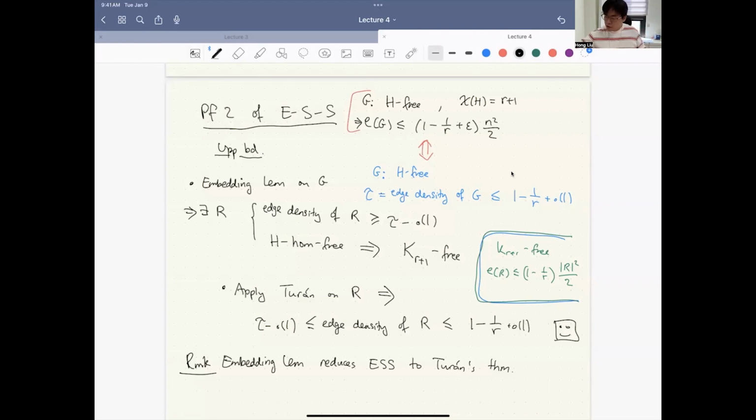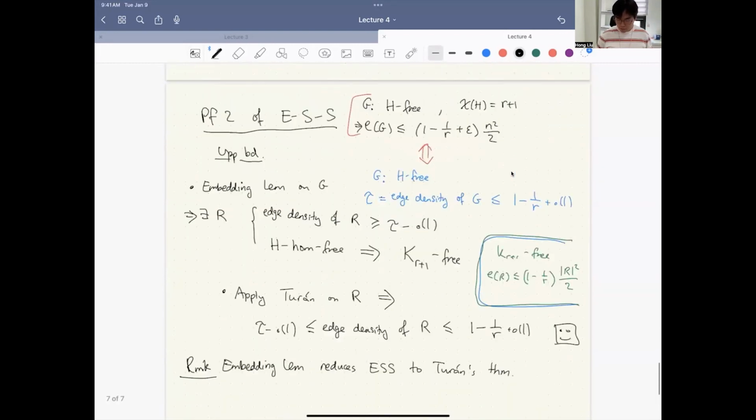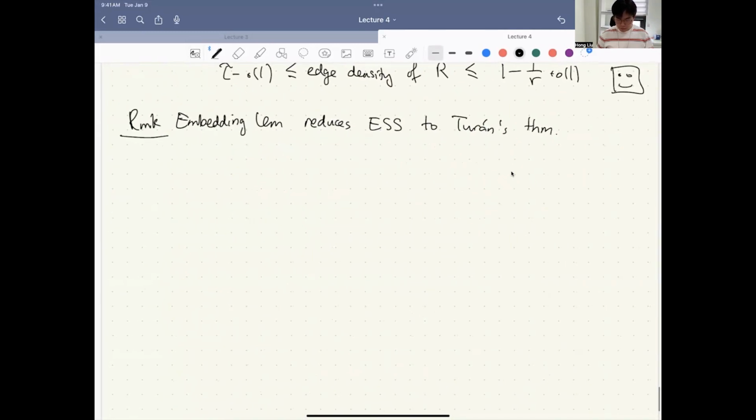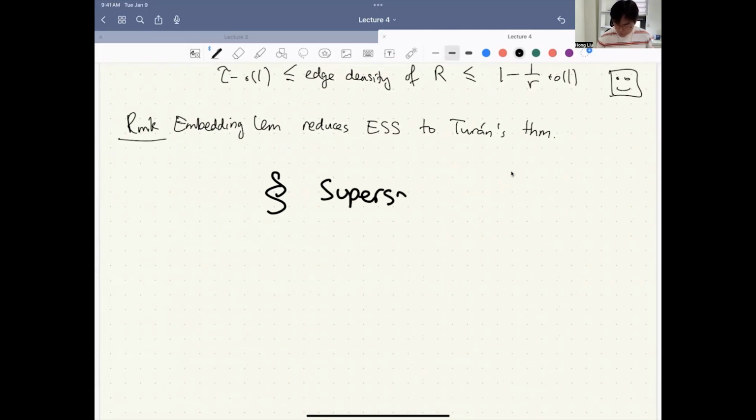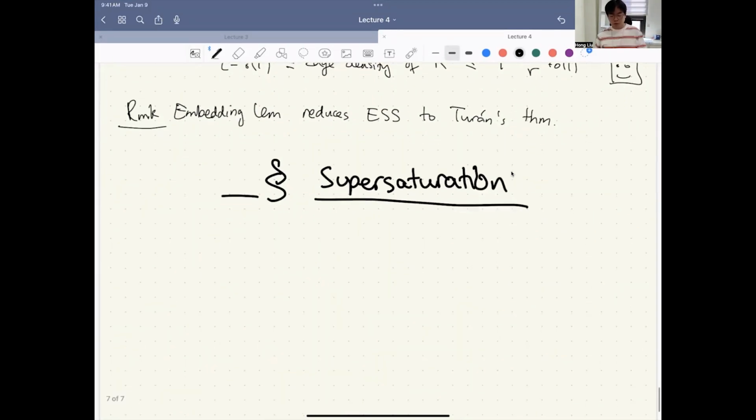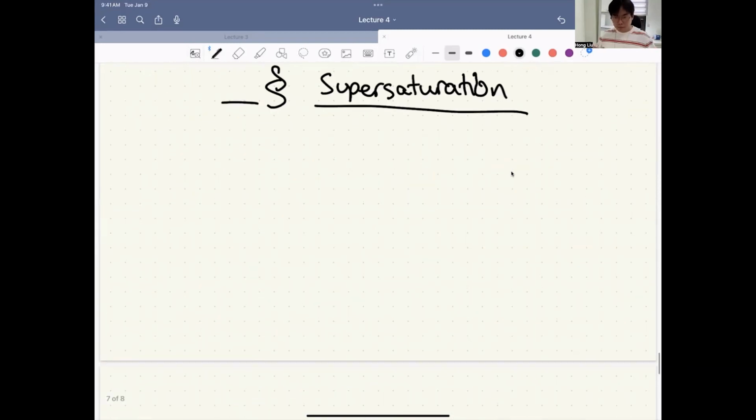Well, let me explain what the supersaturation phenomenon is. So we studied this Erdős–Simonovits.